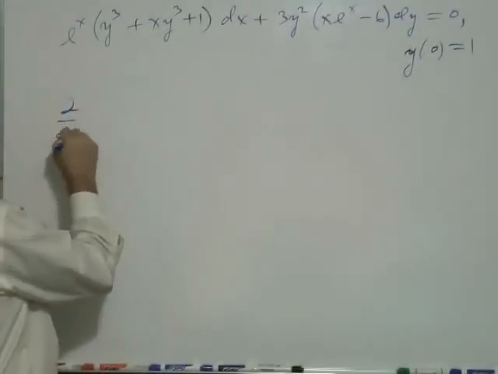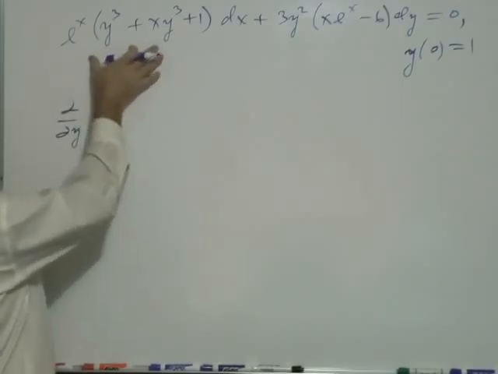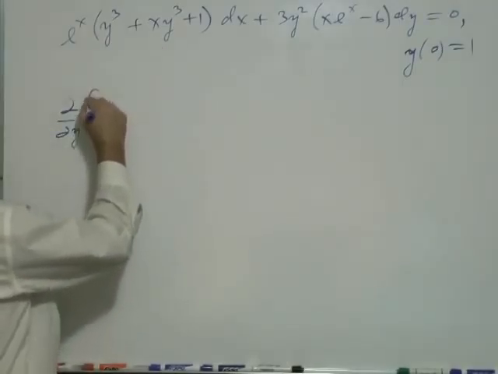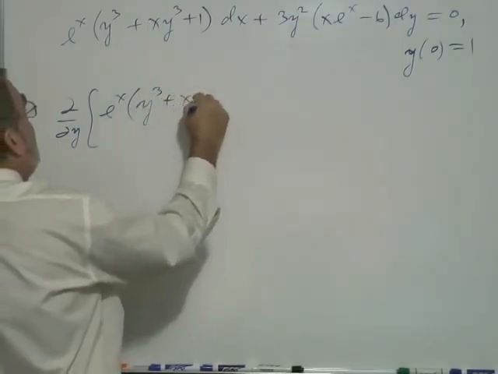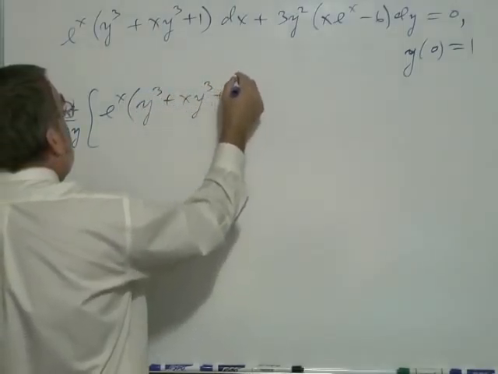To do that, I take the partial with respect to y of the left-hand coefficient, which is e to the x (y cubed plus xy cubed plus 1).